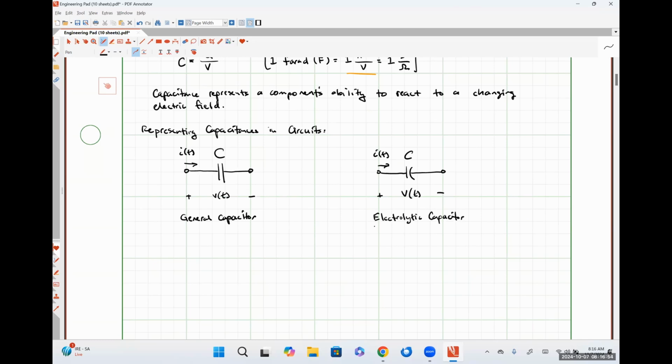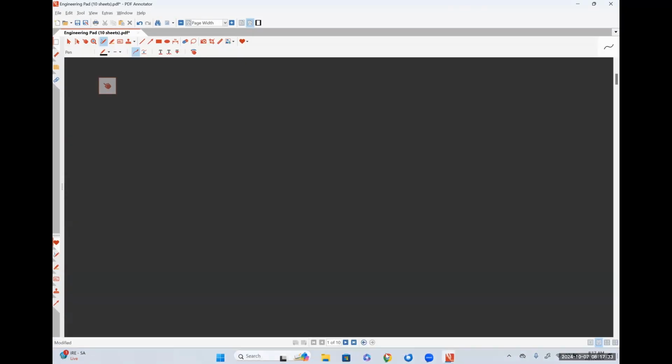And it's also known as a polarized capacitor. So a general or generic capacitor does not care whether or not the voltage applied across it is positive or negative. But an electrolytic capacitor does. If you accidentally apply the wrong polarity of voltage across an electrolytic capacitor, it will literally burst. Let me see if I can pull up a picture of an electrolytic capacitor really quickly so I can talk to you guys about this.